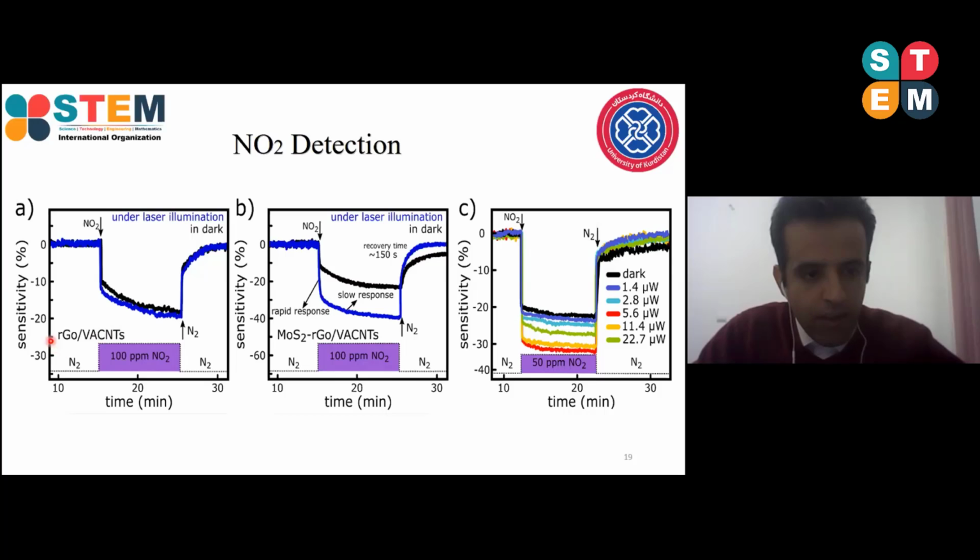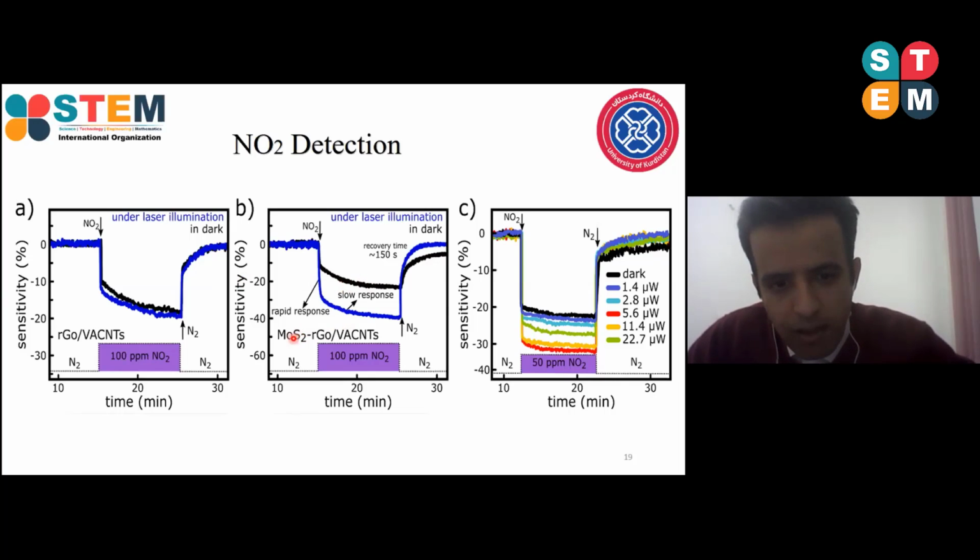In the case of RGO and carbon nanotube, we test the sensor in dark condition and also under laser illumination. The blue line is under laser illumination, and as you see, there is no significant difference between the two structures, and in both we can see the poor recovery time.